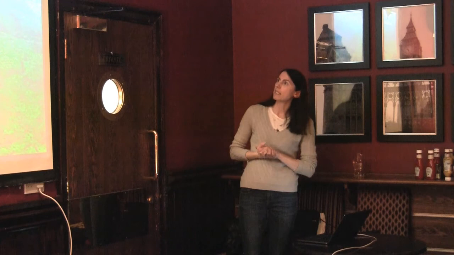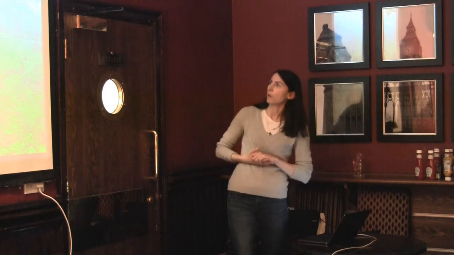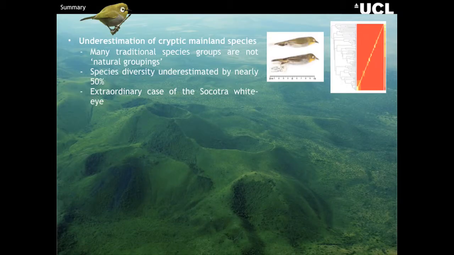Okay, so I'm just going to sum up for today's talk and highlight these main findings. Of course we've shown, or hopefully we have shown, there's an underestimation of these cryptic mainland species. We've shown that many of the traditional species groups are not natural groupings, and that species diversity is underestimated by up to 50%, which I think is quite impressive.